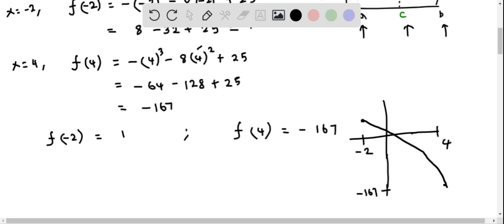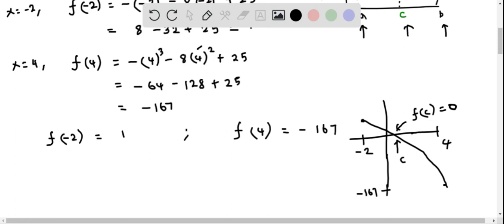And clearly it should cross the x-axis, that is at some point of x between negative 2 and 4, this should become 0, because this graph would not be able to move from negative 167 to positive 1 without crossing 0. So at this point, this is the point c, f of c should equal 0.